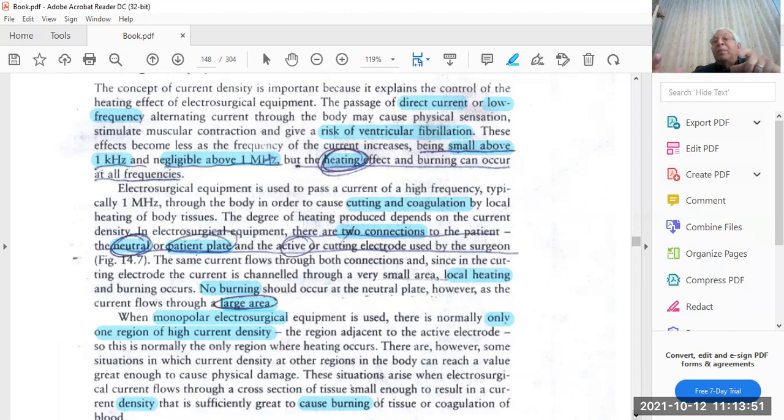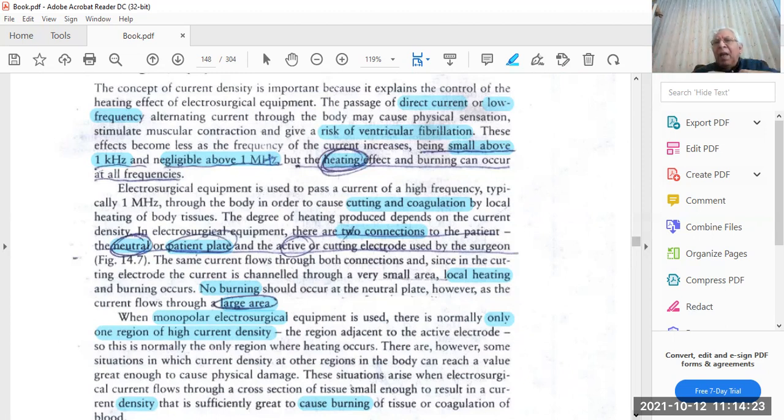Whenever this plate is covering a wide area of the skin and it's properly attached to it, the current density of the current passing all over this area is very minimal. But if this plate is not placed properly on the back of the patient, or whatever the site of attachment, the current may go through a very minimal amount of the skin, so that its density will be high, causing burning.